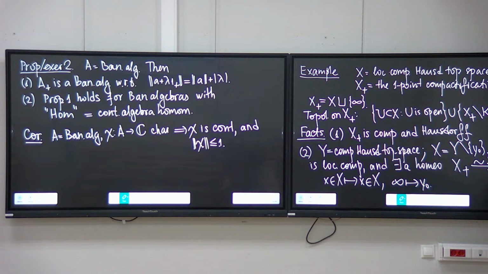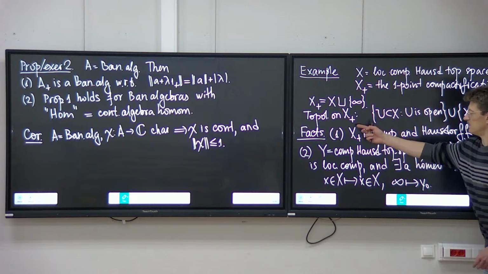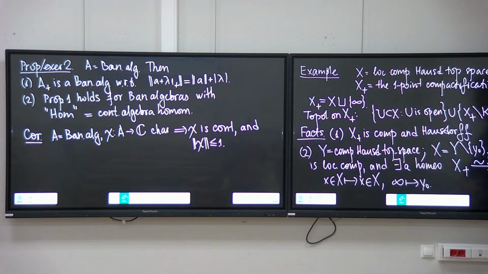So this simple result shows that, up to homeomorphism, this is the only compact Hausdorff space which contains X and is obtained from X by adding a single point.